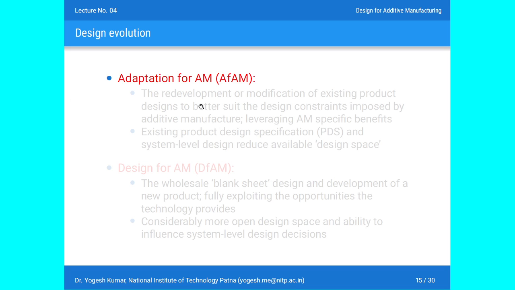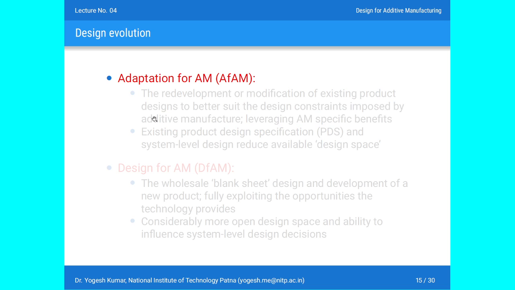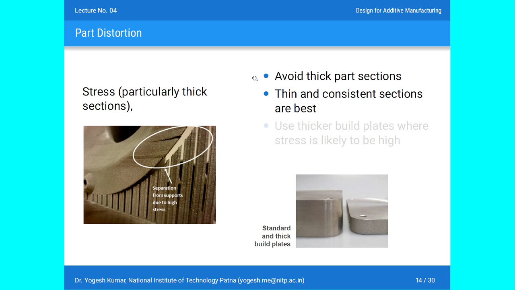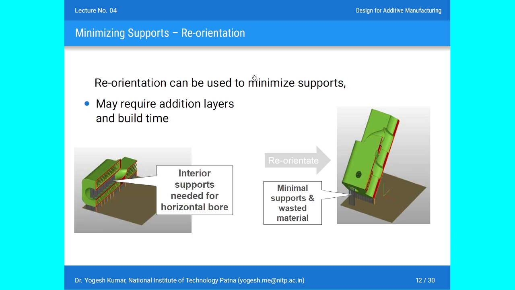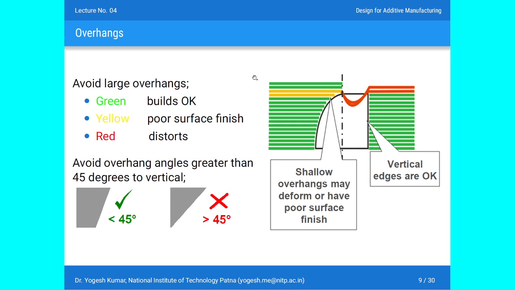Let us now move to a brief discussion. We covered the main things that need to be taken care of in a metal additive manufacturing process.